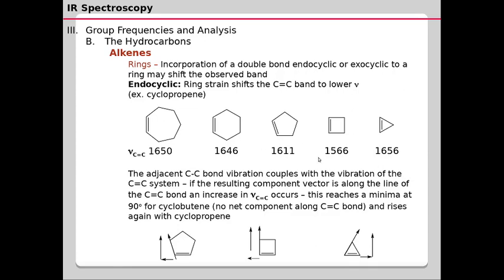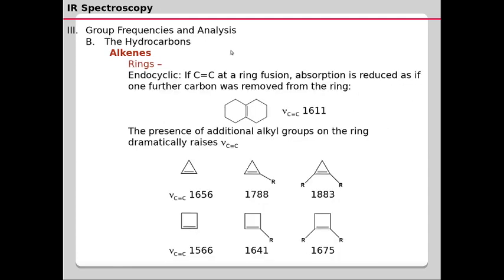So this typical ring strain and coupling of the vibration modes actually explain these trends in the carbon-carbon double bond stretching vibrations. If an endocyclic double bond comes midway between two fused ring systems, then the pi electron density here is shared by both the ring systems.